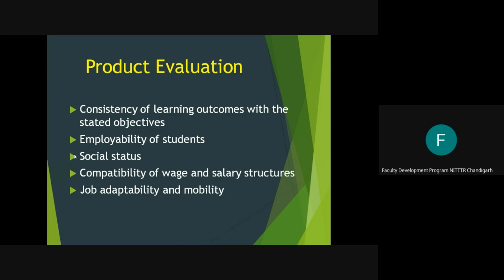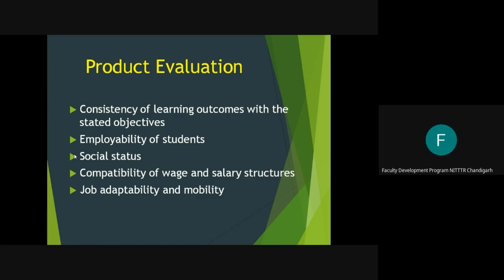Whenever I have to evaluate a curriculum, I evaluate the context, the input, then the process, and then the product. All these things I am evaluating, and based on that, I make a decision whether I need to update my curriculum, or the curriculum is all right.